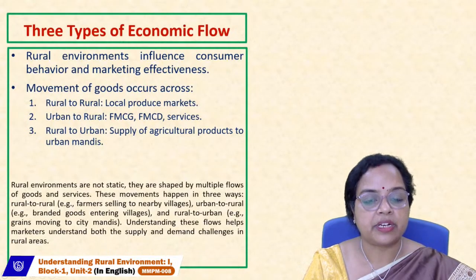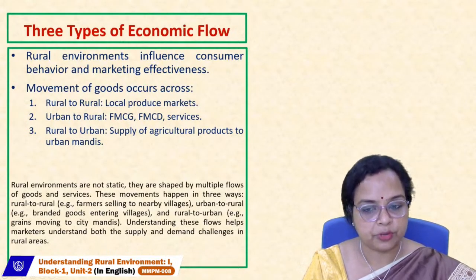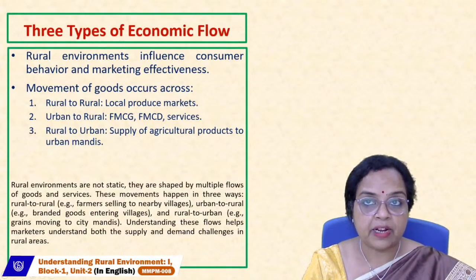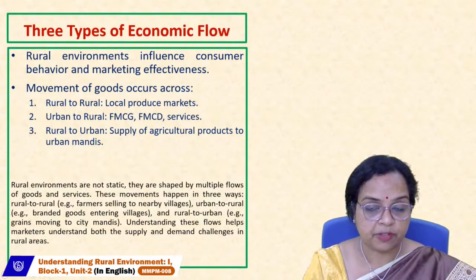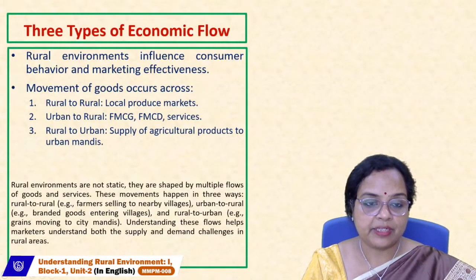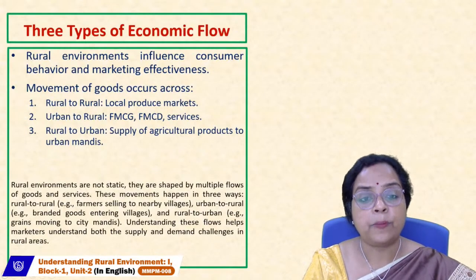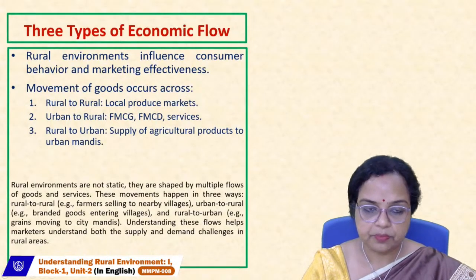We all know marketing activities include introducing your product, doing advertisement, taking feedback, and understanding the acceptance rate for the product. So being a marketer, you need to understand what kind of product you have and which distribution channel, out of these three economic flows, you can adopt.